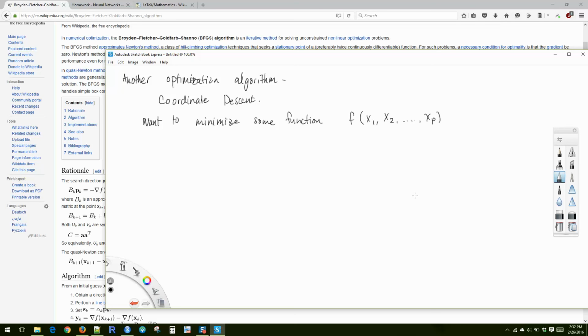Okay, and what coordinate descent does is it minimizes one x sub i at a time.